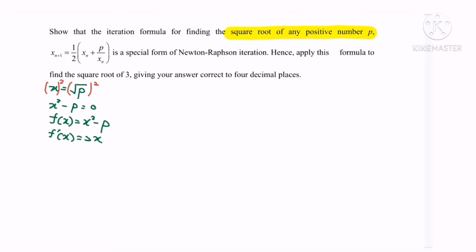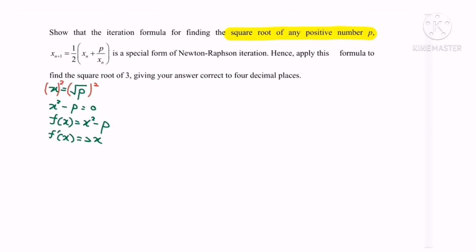Next, referring to the question, show that the iteration formula x sub n plus 1 is equal to 1 over 2 bracket x sub n plus p over x sub n. So what we have to do now is to substitute the function into the formula.